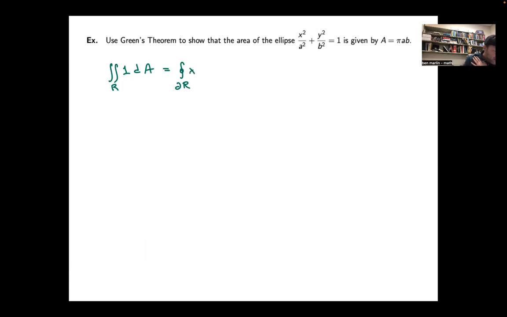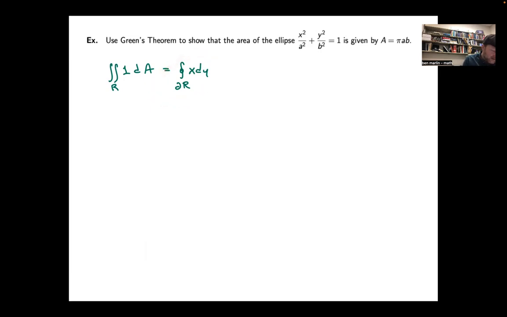Well, you can do this with x dy, or you could do it with minus y dx. I think your textbook will go the kind of cockeyed direction of having 1/2 y dx minus 1/2 x dy or something like that. And that just seems like it's adding complications here. We are just going to go ahead and do this.